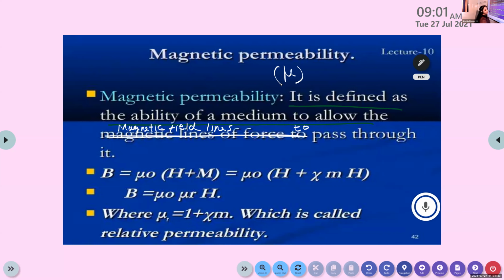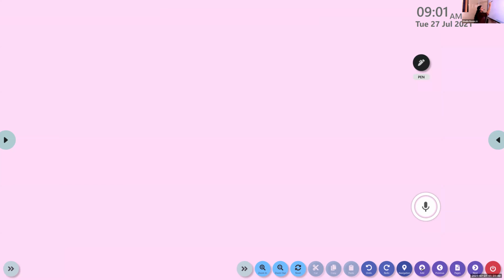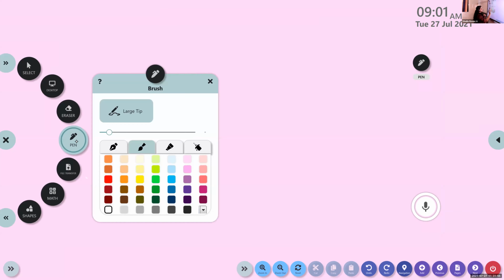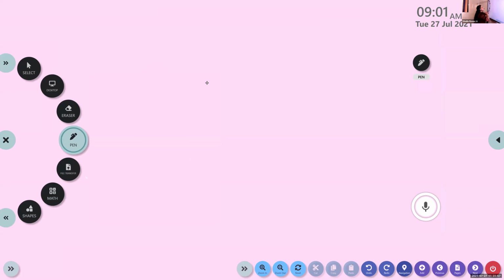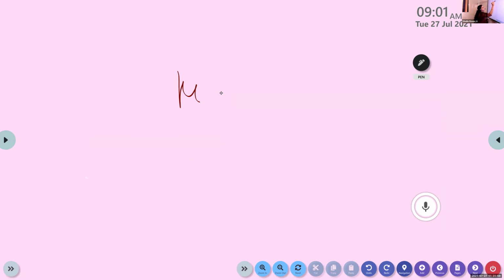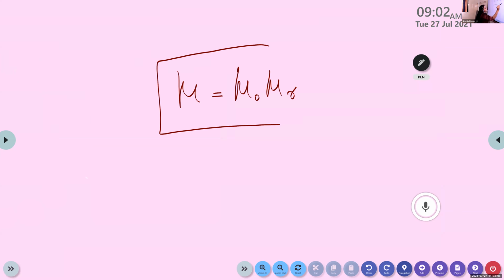There is a relation between permeability and the permeability of free space. It is given by mu is equal to mu 0 into mu r. This is the relation between the permeability of the medium and the permeability of free space.